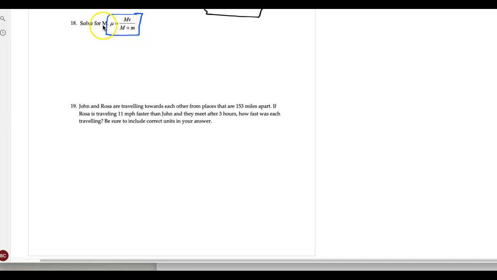So we want to multiply both sides by that capital M plus M. Since it's one fraction equals another fraction, some people multiply this on the top here. But really what we're doing is multiplying this by capital M plus M, and this one by capital M plus M.